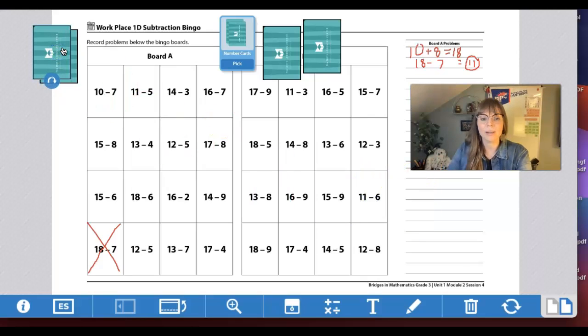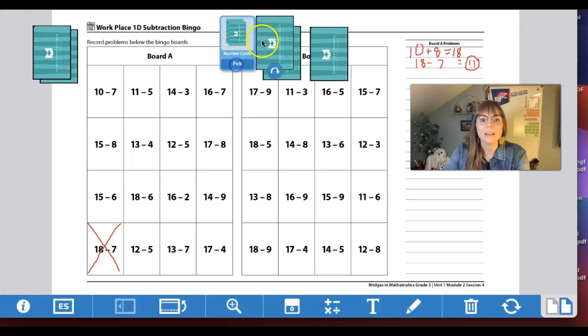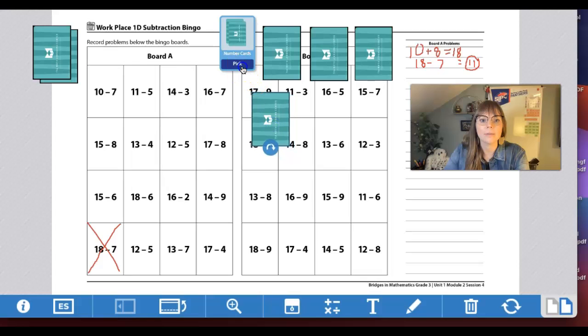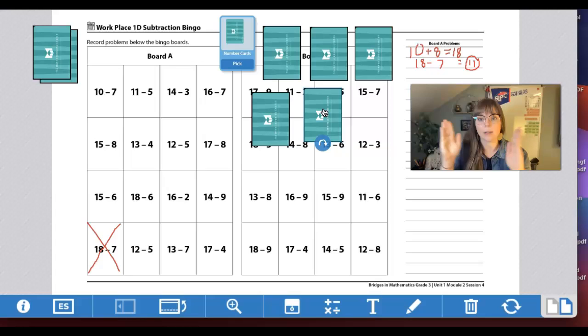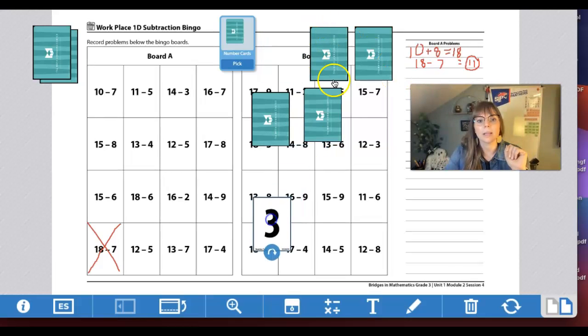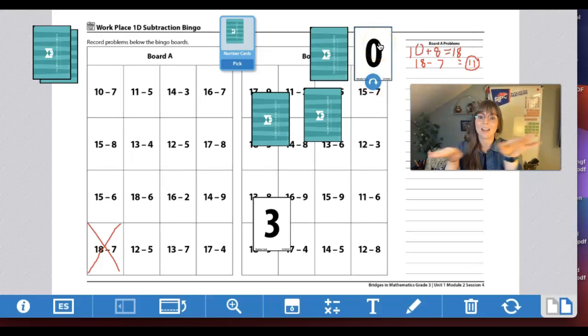Let's do one more just for some practice. So I already have 2 cards. I need a total of 5. So here we go. 3, 4, 5. I'm going to choose 2 cards to add together. This time I'll choose this card, 3 and 0. That does not work. It needs to be at least 10.